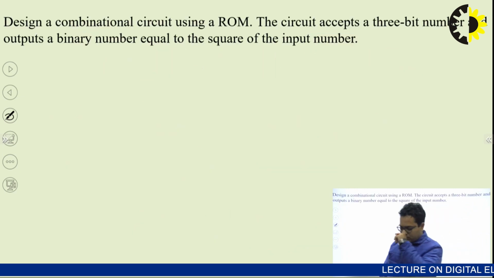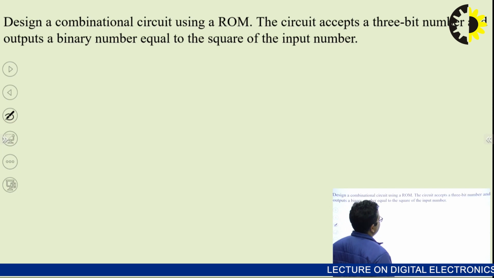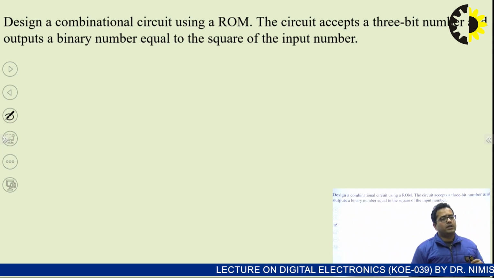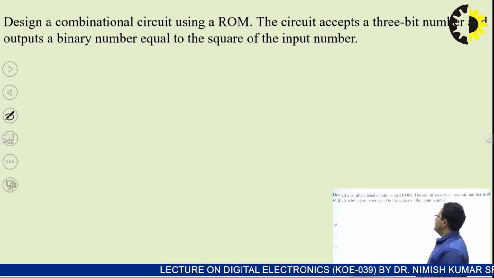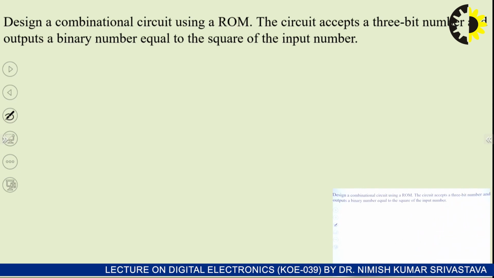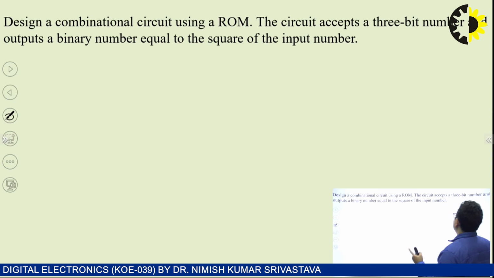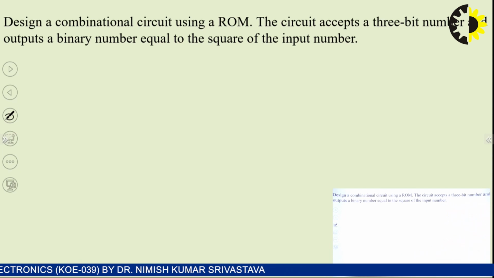Now after this, the question is how we can use this PROM to design the memory. So let us take an example. We want to design a combinational circuit using a ROM. The question is: the circuit accepts a 3-bit binary number and outputs a binary number equal to the square of the input number.